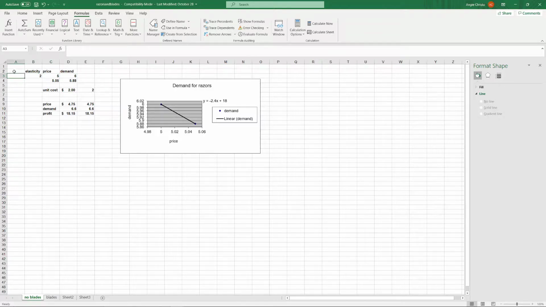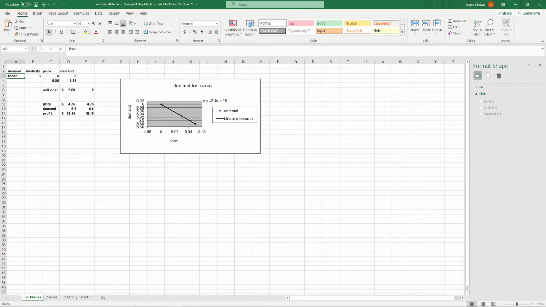So to see it in a different way, these are all given. We were given the fact that it's a linear demand, that we were at a price point of $5, and this is the units demanded, that our price elasticity is 2, and the unit cost is $2.